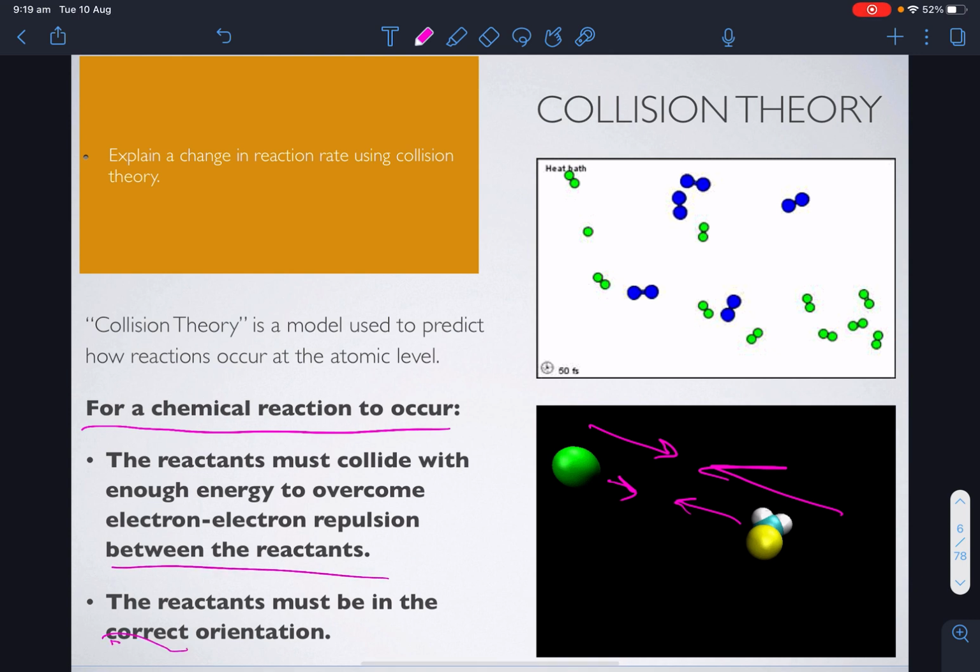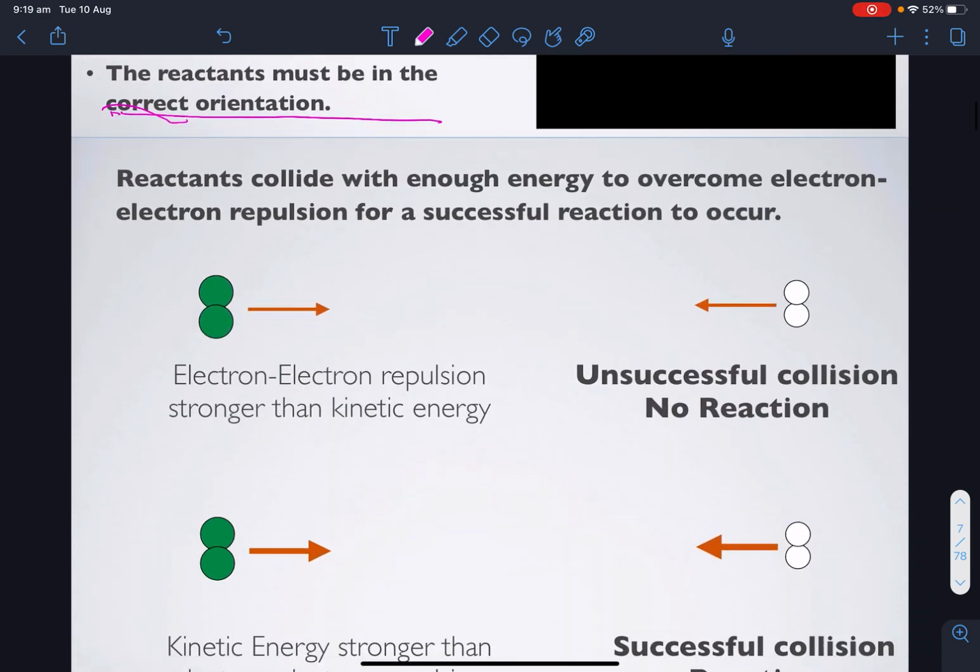There's also another condition. The reactants must be in the correct orientation, okay? Sometimes when two molecules hit, no reaction occurs. Sometimes when they hit in a different orientation, a reaction occurs. I've got a better diagram up here to show you.